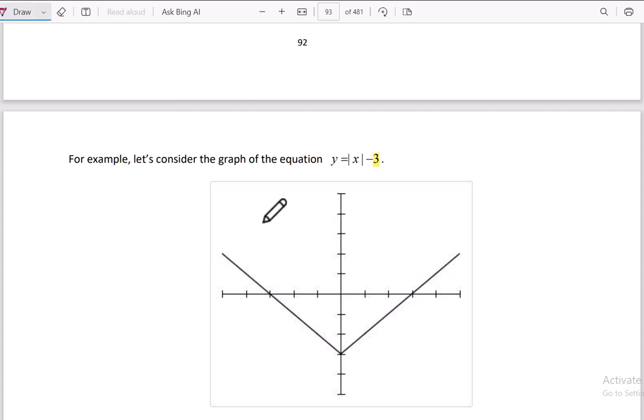And that should be somewhere around here like we saw in the previous graph. But because of this -3, it goes 3 units downwards. So you see unit 1, unit 2, and then 3. So it went 3 units downwards because of the effect we just saw. Okay, so this is the graph of the expression y equals absolute value of x, then -3.